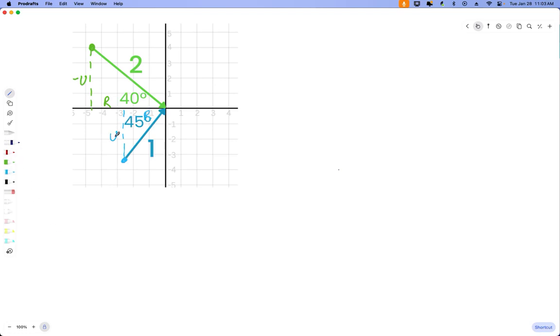Because of that, that's going to change the way you do the problem, the values here. You've got to write it based on the values here. So we've got a 40 degree angle here. We still do it relative to the x-axis.